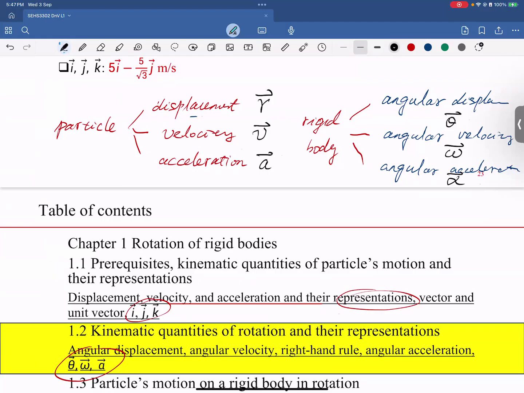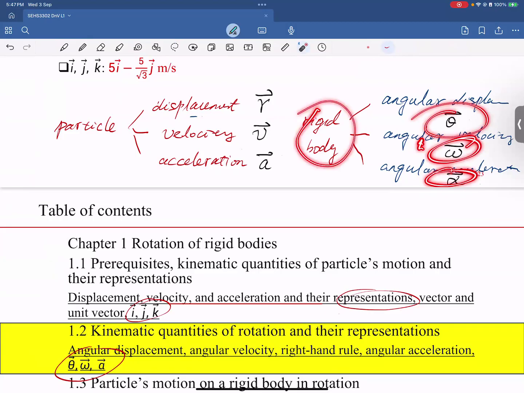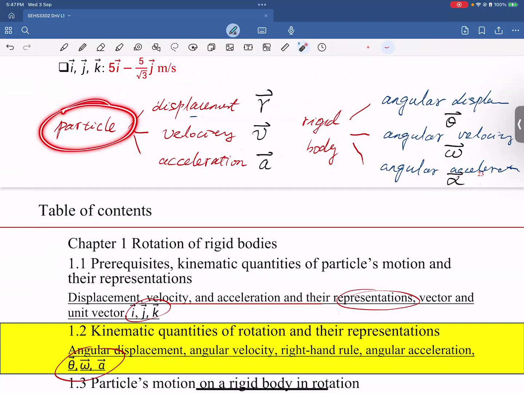So the question is, when we know omega or alpha or theta of a rigid body, and then given a position of a specific particle, we need to calculate v or a of a specific position, a specific particle.